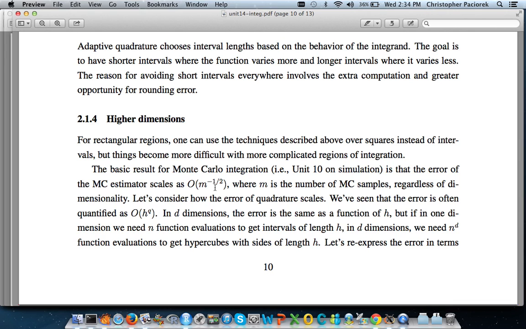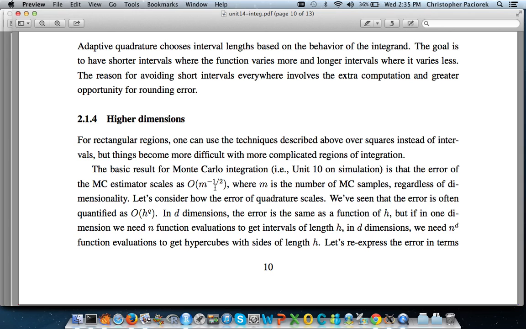So as d gets large, you can imagine d might be 10 dimensions, say, this is going to scale much more poorly than this. If we think of the error as we change n with Monte Carlo estimation, suppose n were 100, this is going to be something like 10.